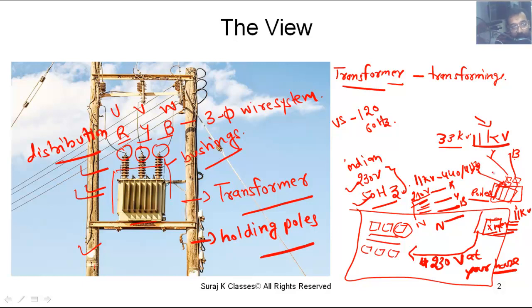I hope this is clear to you. Now some basic things I need to cover here: how this 415 volt is obtained and how the operation of the transformer happens, I am going to cover everything onwards in this video. My only request is, don't leave this video, just watch it fully.